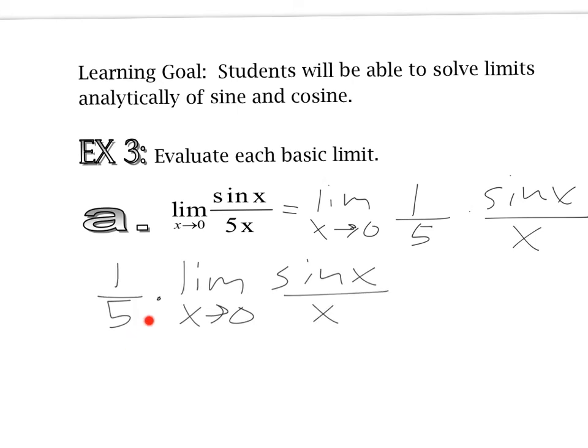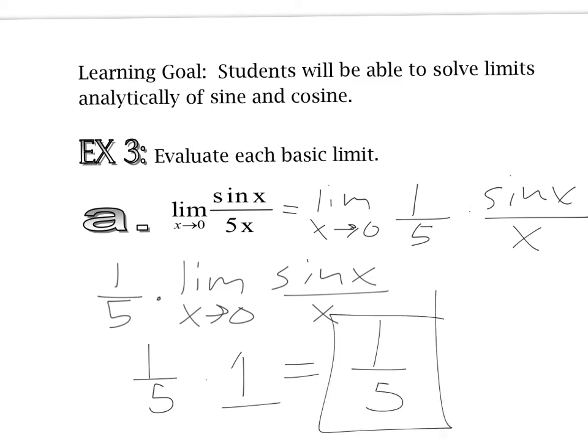Again, I'm allowed to move that out there because there's no x in this expression. So multiplying it out in front or multiplying it inside here makes no difference. So we like to take coefficients and just bring them out to the front because it just makes the whole process similar. Well, now look, I have my pattern here. The sine x over x when x approaches 0 is just 1. So this is just like saying 1/5 times 1. Easy.